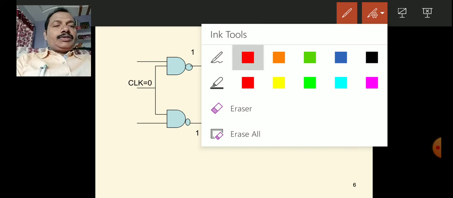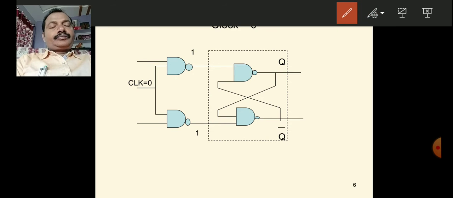So for that, what you have to do is, because 1 1 here, you assume 0 as output. So Q is 0, Q bar is 1. Let us assume the previous states of Q and Q bar are 0, 1 respectively. If this is the case, then what happens?